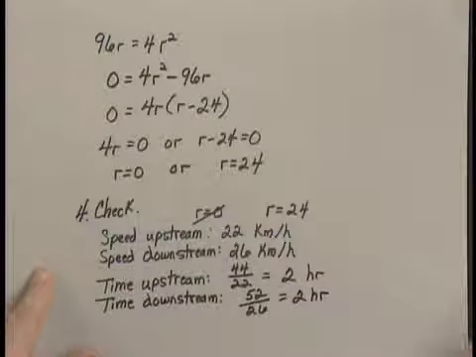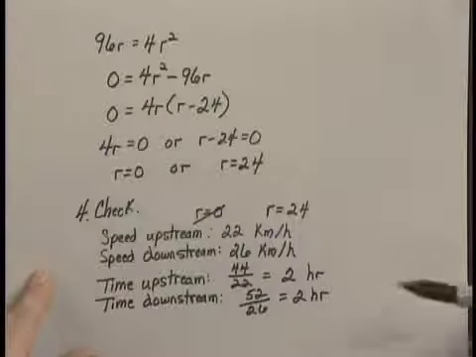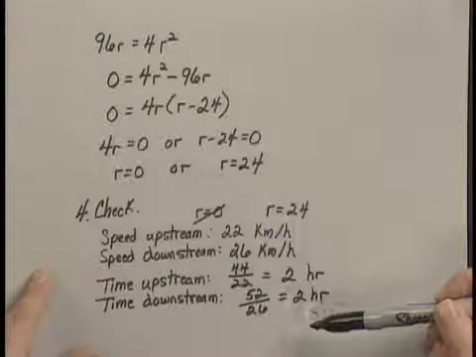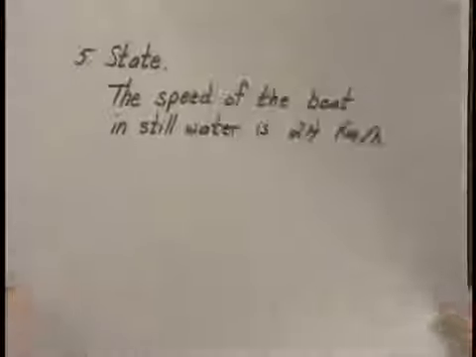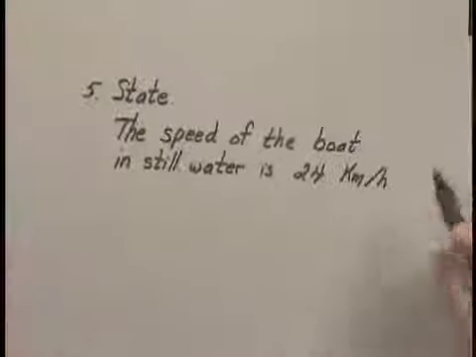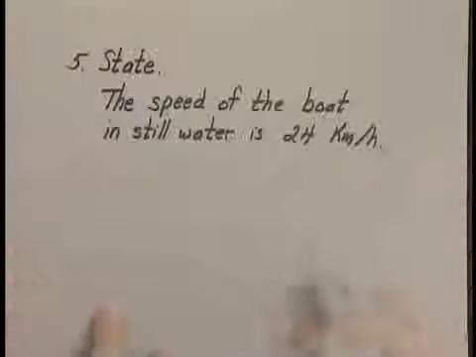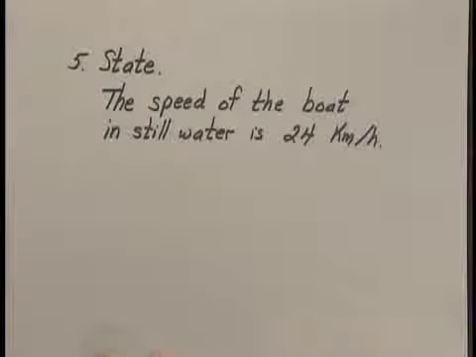The last thing we're told in the problem, the last piece of information, is that the total time was 4 hours. And since 2 plus 2 is 4, we do have a check. And we can state our answer, and that is that the speed of the boat in still water is 24 kilometers per hour.